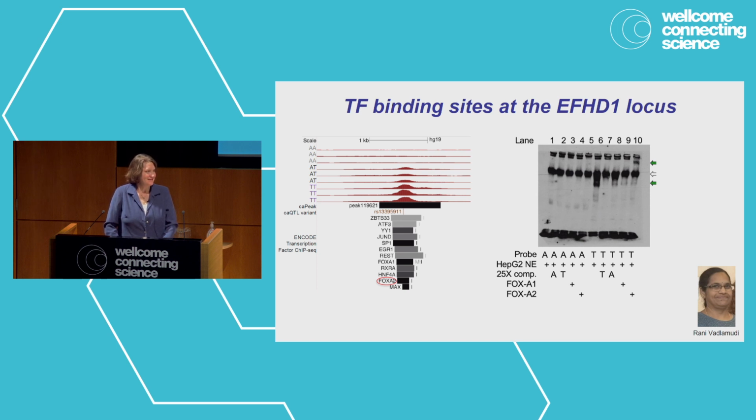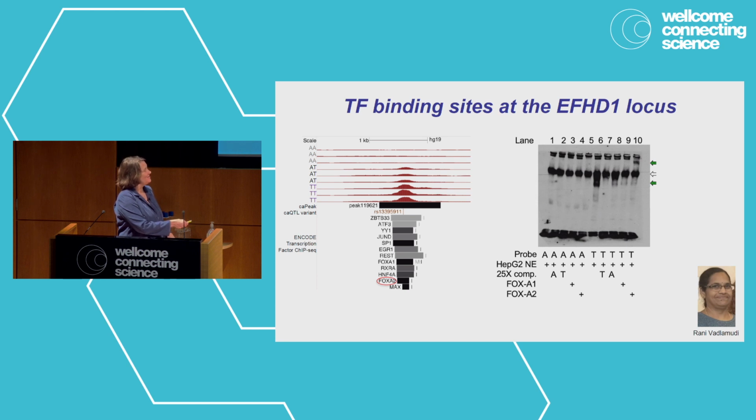So we ran an electrophoretic mobility shift assay to identify if there were any proteins that bound differently to the DNA sequence right around that variant, around 17 nucleotides. So you can see in lane 6 that there's a band that's present, not in lane 1.